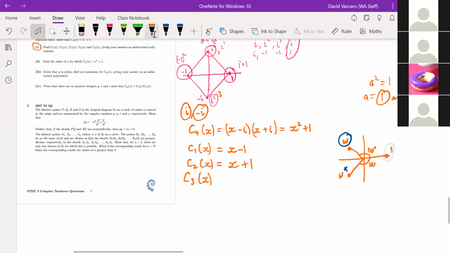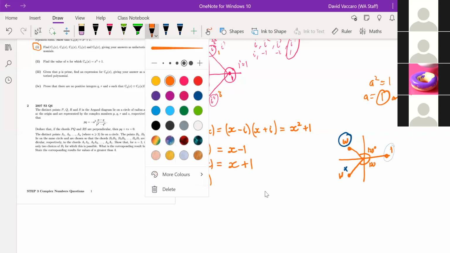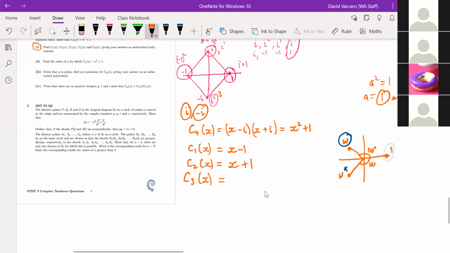So one way of finding c3 of x is x minus omega, x minus omega star. And so one thing we could do is we could just find omega using trig, and then we could expand this bracket.